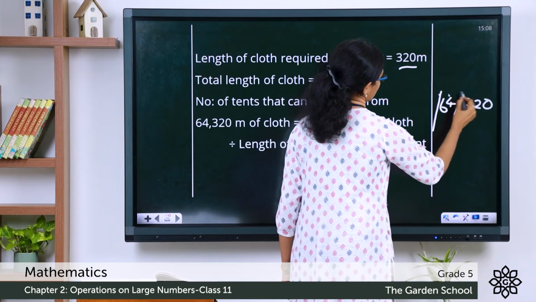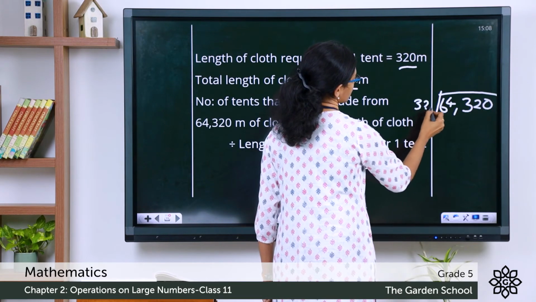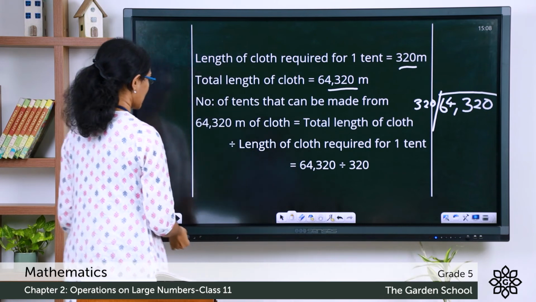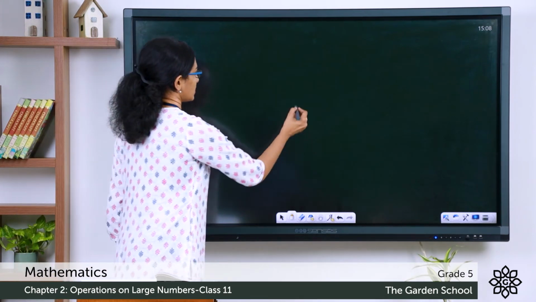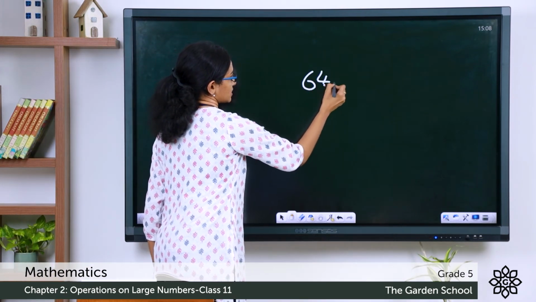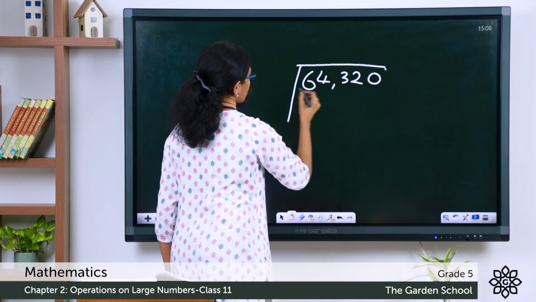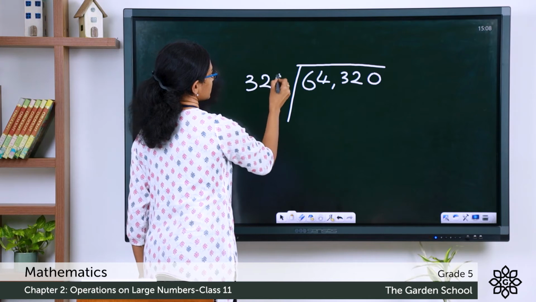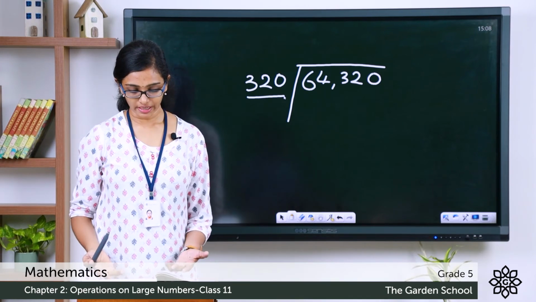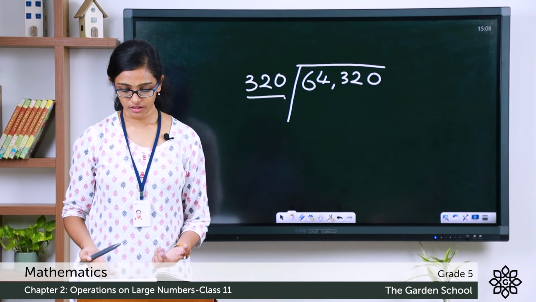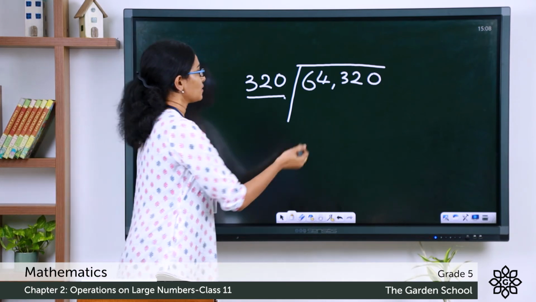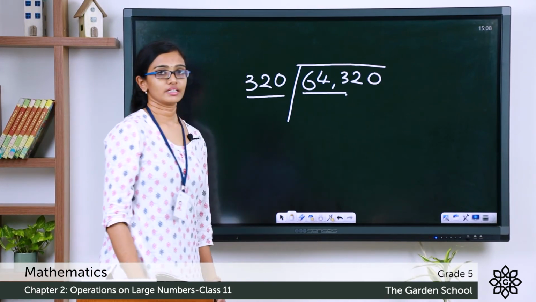64,320 divided by 320. I'll do the calculation on a fresh page. 64,320 divided by 320. We are dividing with a 3-digit number here. So, let's look at the first 3 digits of the dividend.